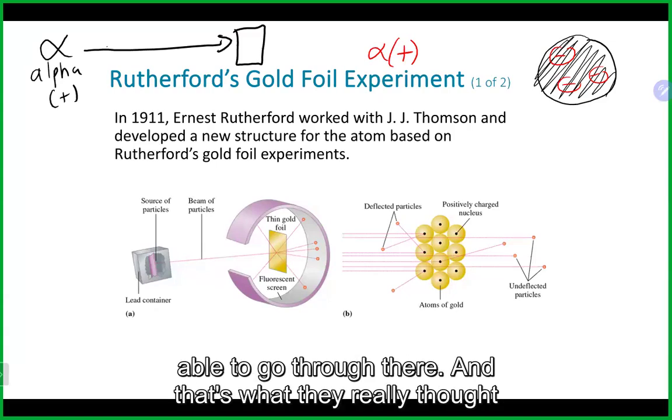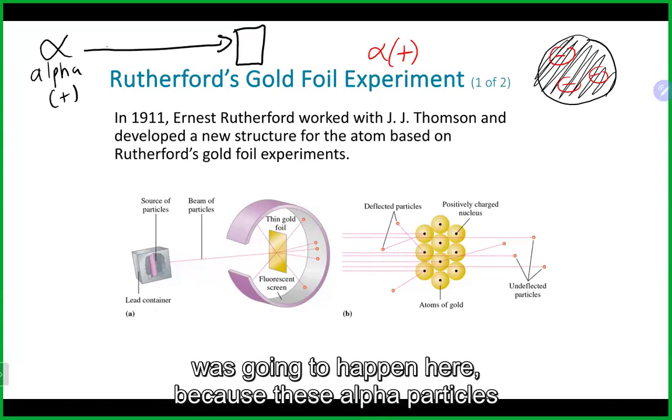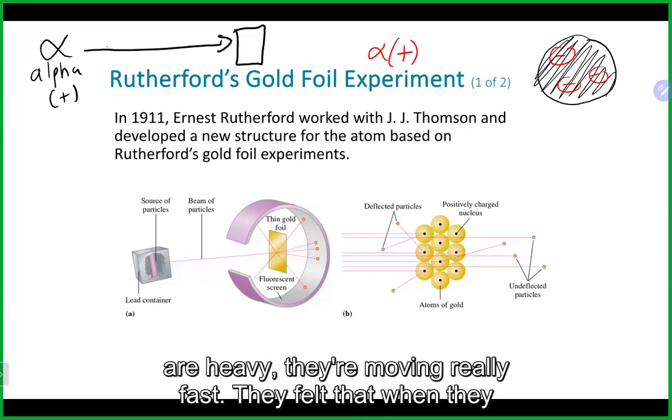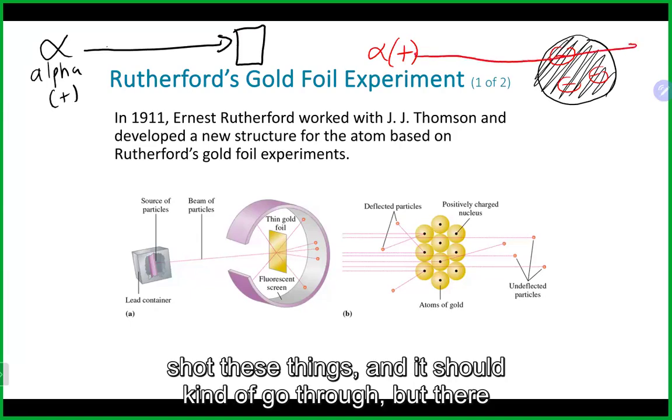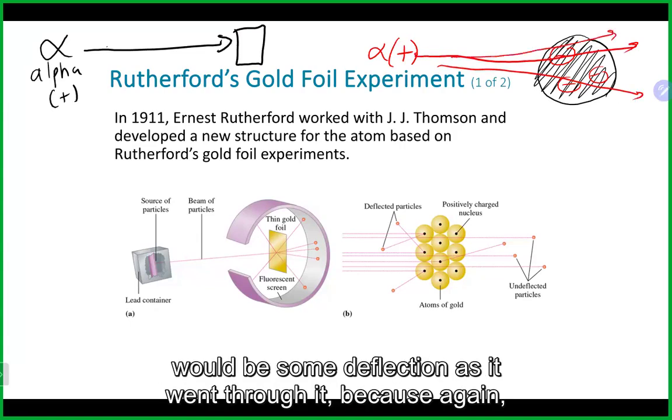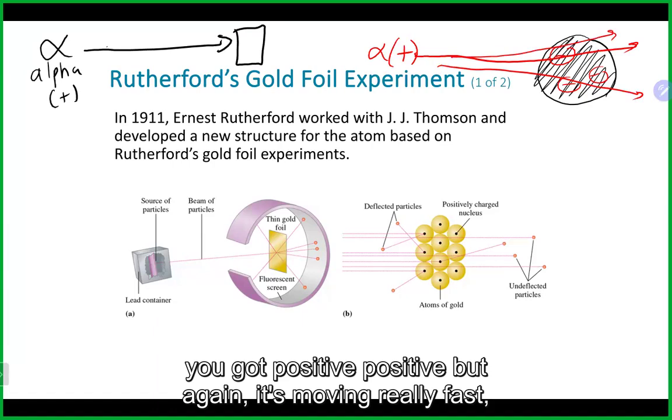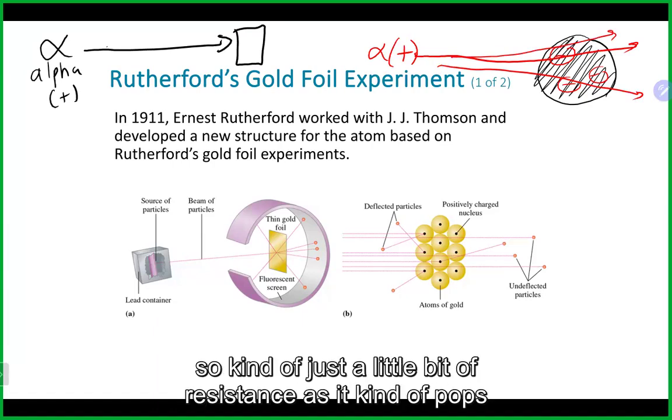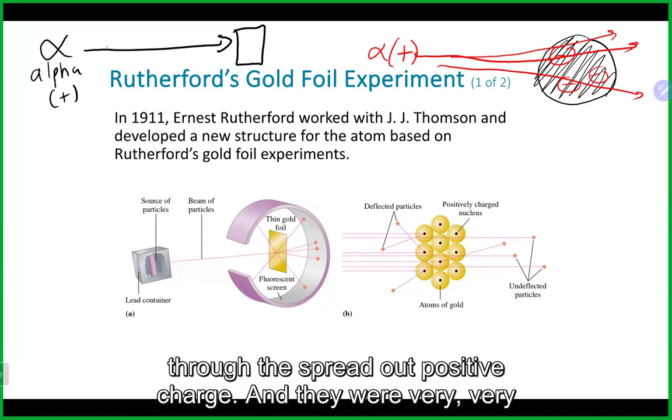That's what they thought would happen, because these alpha particles are heavy and moving really fast. They should go through, with some deflection because you have positive and positive, but just a little resistance as they pop through the spread out positive charge.